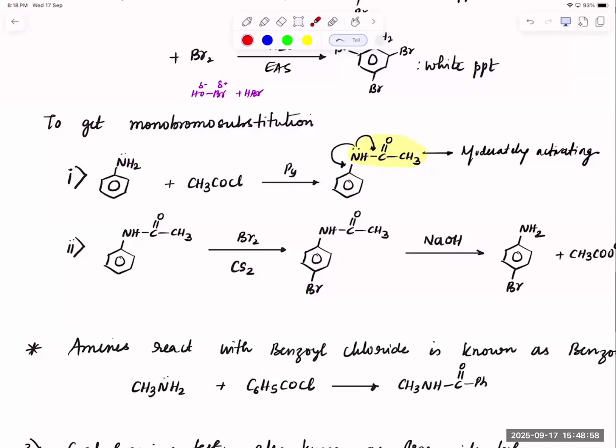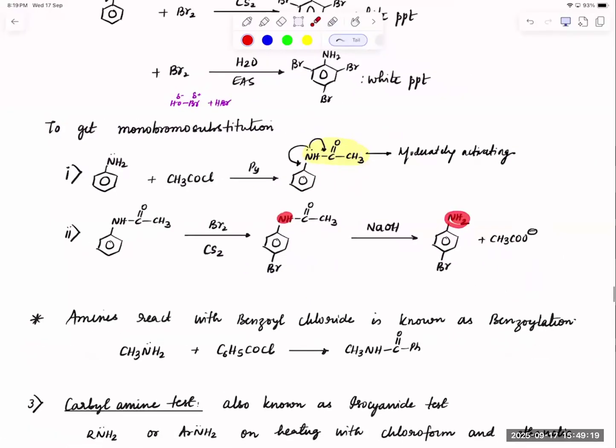Hence, if you do bromination, you might typically get a minor product at ortho and a major product at para. So let's say this is the major product, with one bromine at the para position. Thereafter, if you treat with NaOH, the acyl part will go away and this NH will become NH2. That's how you get NH2 with a Br group.